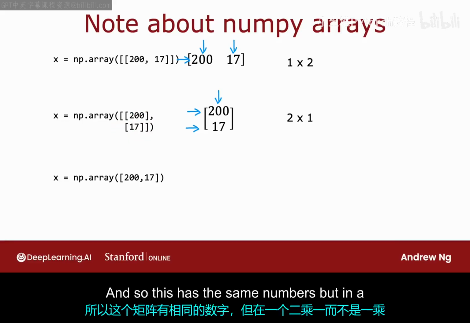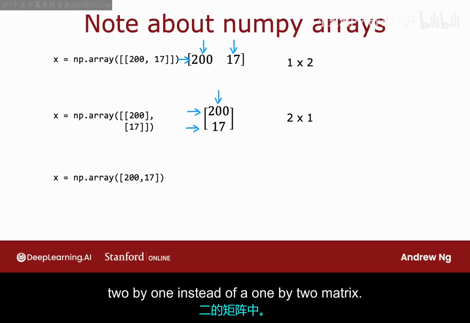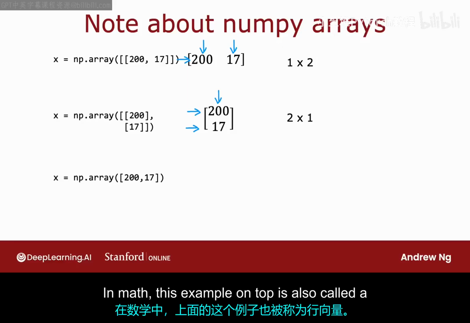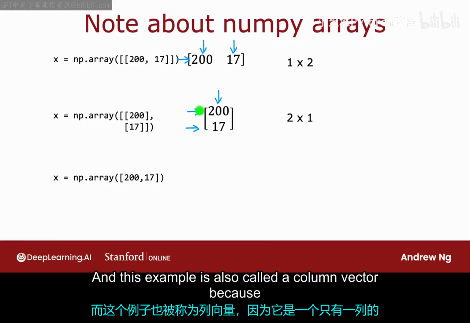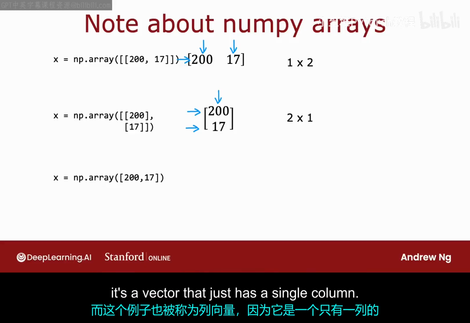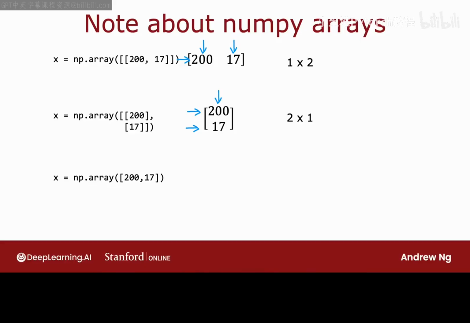And so this has the same numbers, but in a 2 by 1 instead of a 1 by 2 matrix. In math, this example on top is also called a row vector. It's a vector that is just a single row. And this example is also called a column vector because it's a vector that just has a single column.